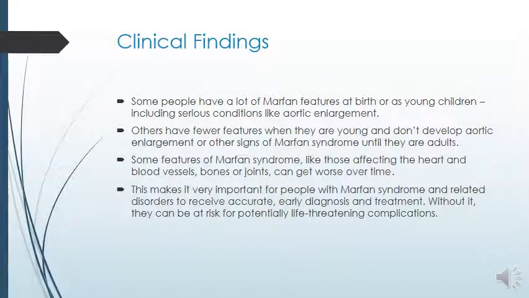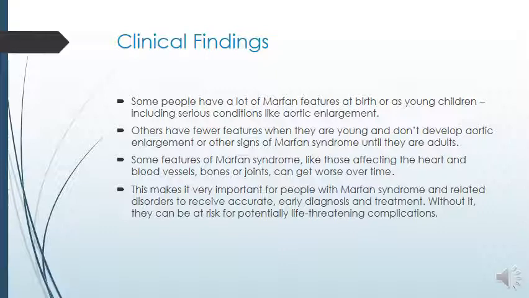The clinical findings of this disorder are that some people have a lot of Marfan features at birth or as young children, including serious conditions like aortic enlargement. Other people have fewer features when they're young and don't develop the aortic enlargement or other signs of Marfan syndrome until they are adults.